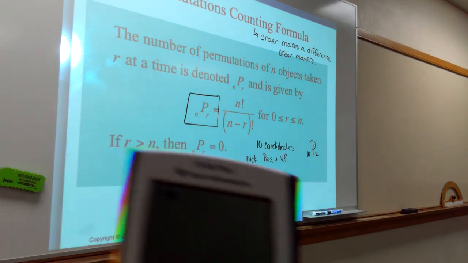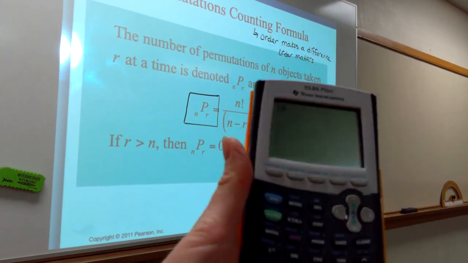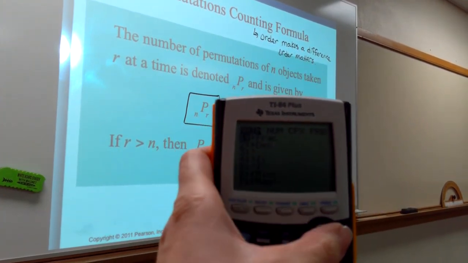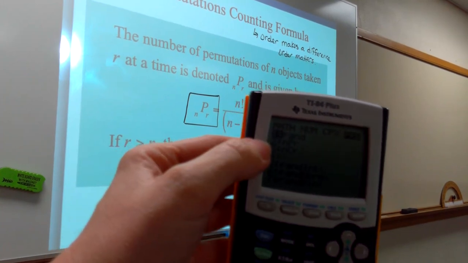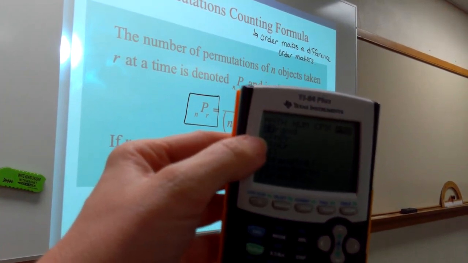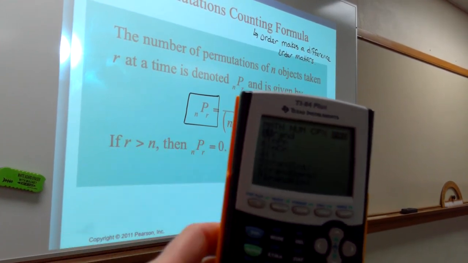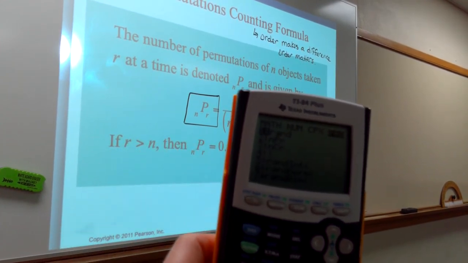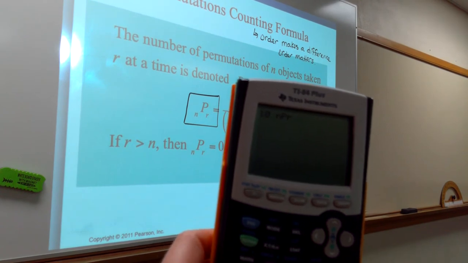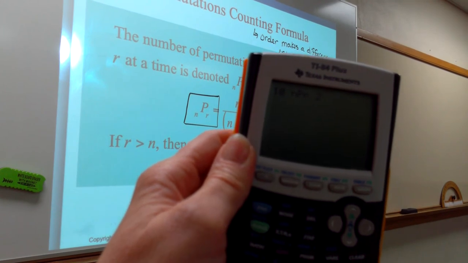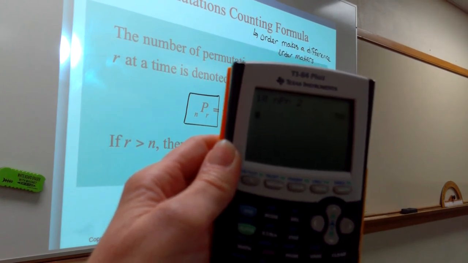You've got 10 on your calculator screen, and then you just go over to math, all the way over to probability again, and then choice number 2 is nPr, right? I've already typed in the n, 10 people, and then I'm going to hit that button, which is choice number 2, and then I want 2. So I have 10, I'm going to choose 2, a president and a vice president. So that gives me 90 choices.